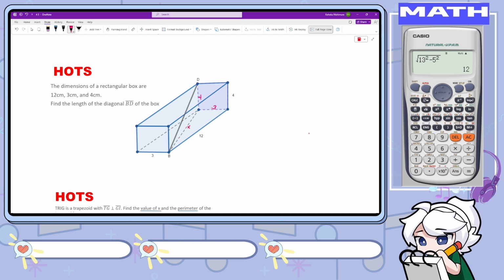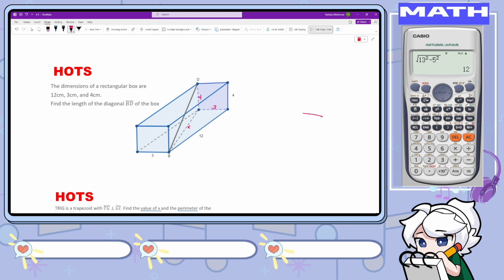If you would like to imagine this as a separate triangle, it will look something like this, wherein this is the right angle, this is 3, this is 12, and you solve for x. If you utilize this, you will have approximately 3 square root of 15. But you are solving for BD. As you can see, this is 3 square root of 15, right?